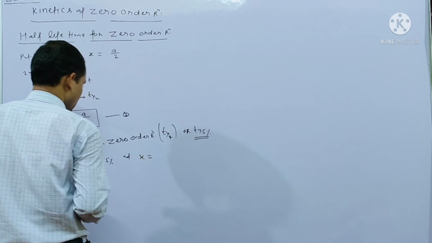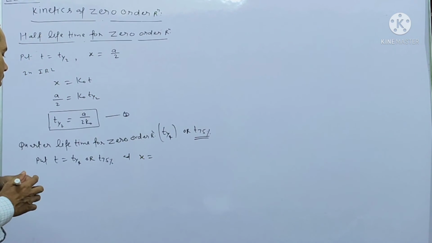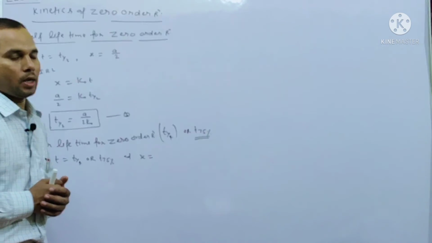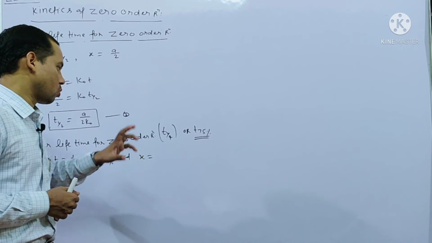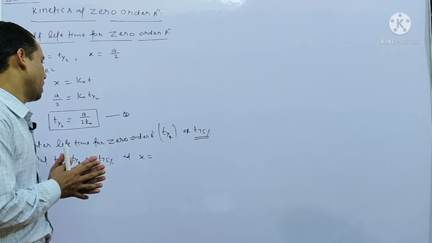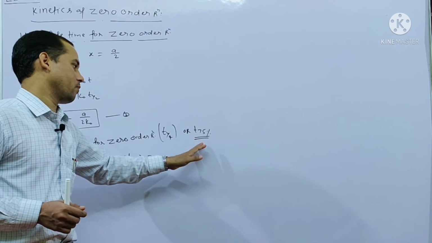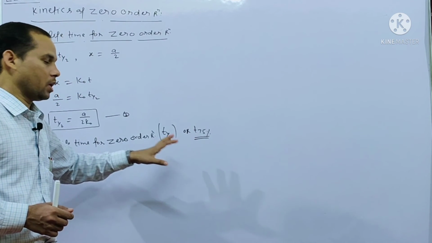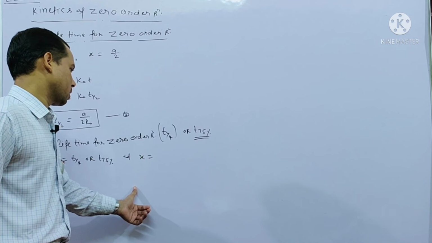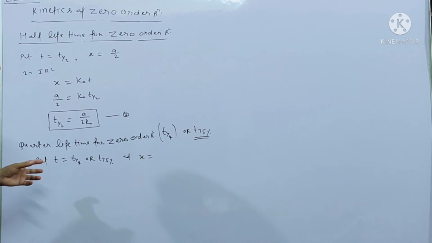x equal to, so what is x? x is the decomposed quantity of a reactant. When the reaction is 75% complete, what quantity of reactant is decomposed here?